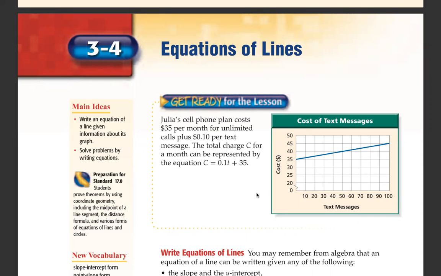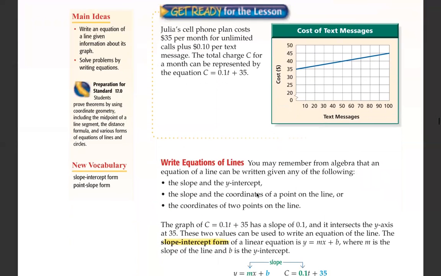So how can we write the equation of a particular line? Okay, so it all depends on what we are given, what data do we have. Of course, we cannot make an equation if we're not given any data. We need to have given data for us to come up with an equation of the line.